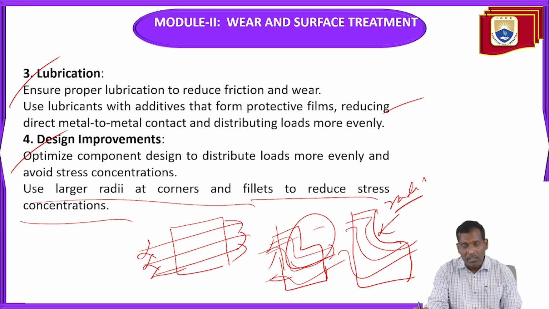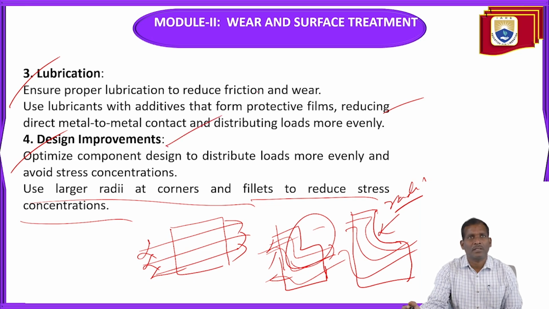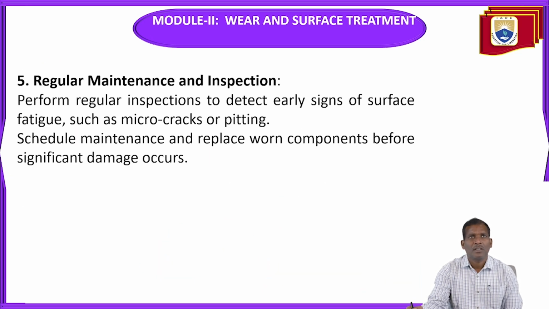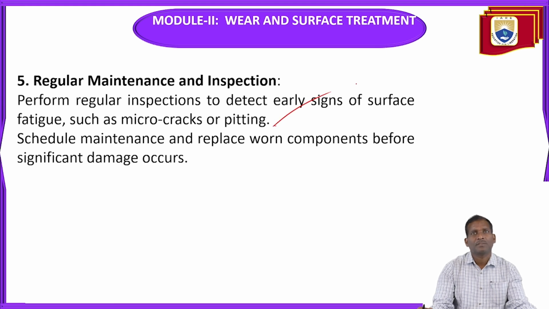So you can minimize the surface fatigue wear by improving the designs. Next, regular maintenance and inspection. Perform regular inspections to detect early signs of surface fatigue, such as micro cracks or pitting. Schedule maintenance and replace worn components before significant damage occurs.